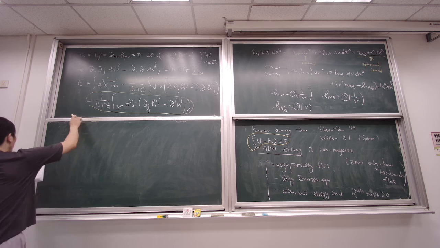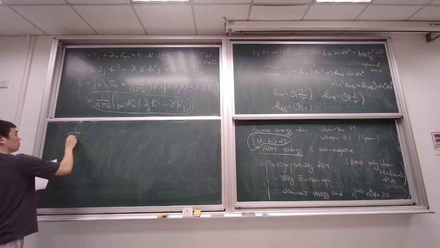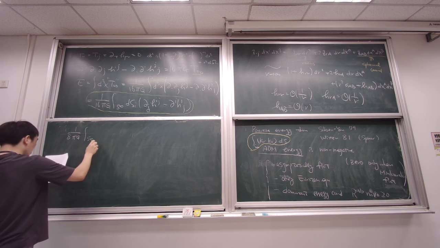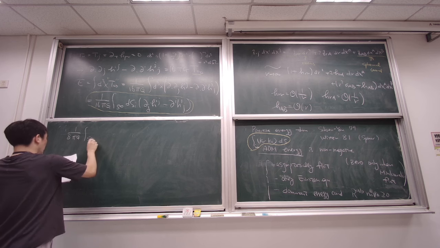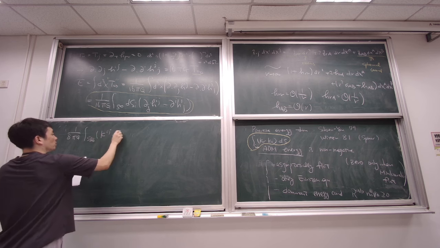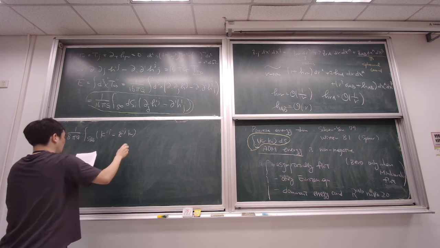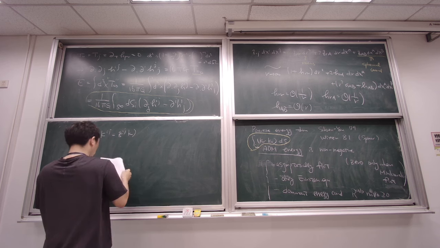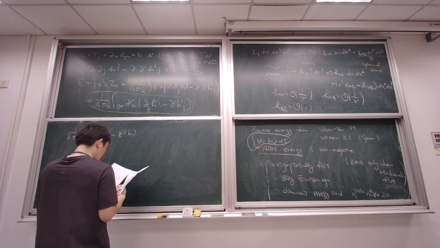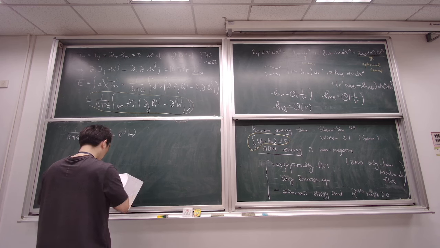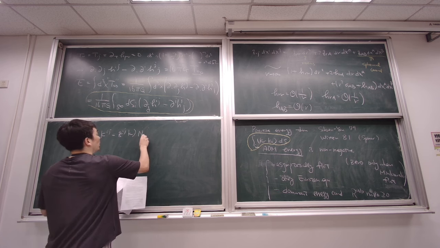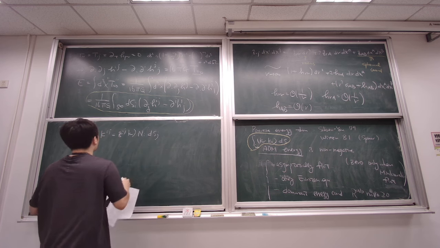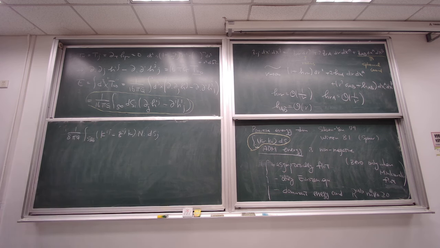And for momentum, there's a part coming from the following: pi g, S infinity, K_ij minus g_ij K, then n^i, and dS_j.